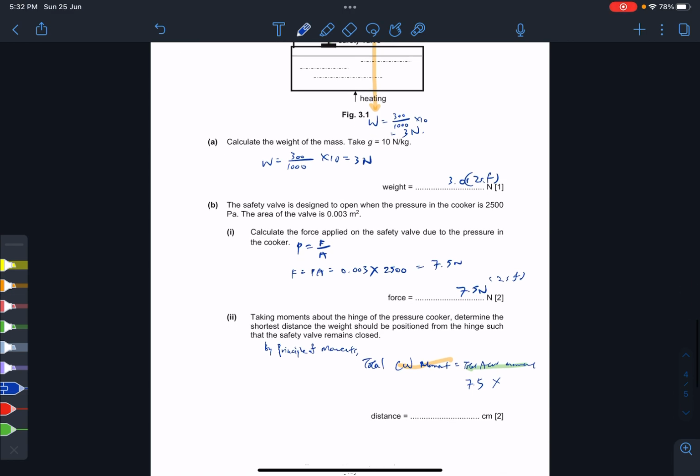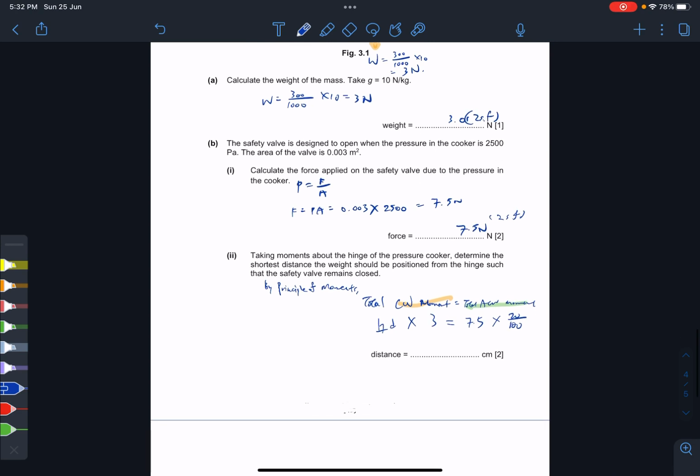You know, 20 cm, 20 over 100. Clockwise, I don't know the perpendicular distance. That's what I'm supposed to find. But the weight is 3. So the perpendicular distance is 7.5 times 0.2 divided by 3, which is 0.50 meter, which is 50 cm to 2 SF.